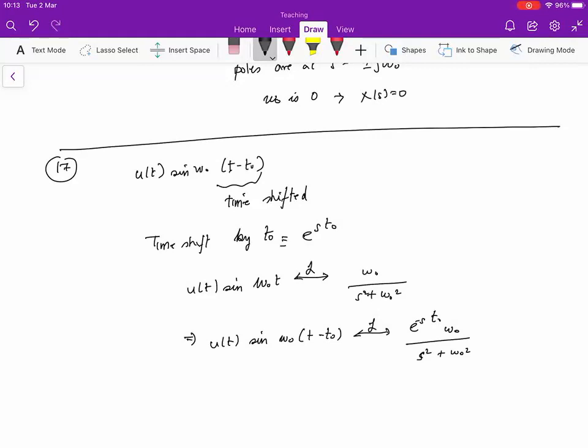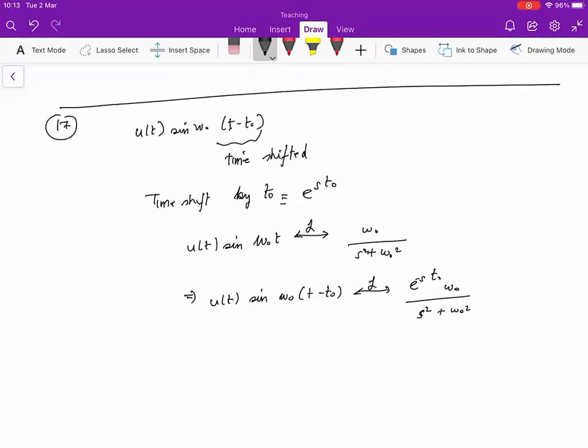I had a question about this one. We time shifted the sine, but we didn't time shift u there. So is it the transform of u(t minus t naught) sine omega naught (t minus t naught)? Yeah, you're right. I should be careful here. Let's see, we're time shifting to the right by t minus t naught, of the sine function.